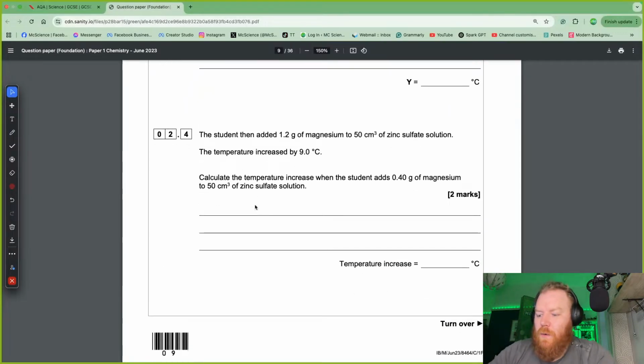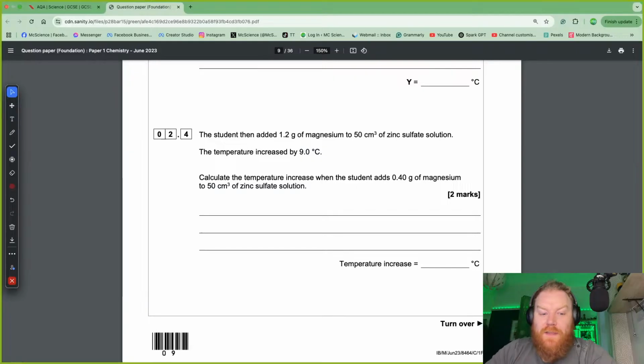The next question then for 2.4. So again, going straight to the command word, it's a calculate. Calculate the temperature increase when the student adds 0.4 grams of magnesium to 50 centimeter cubed of zinc sulfate. So again, this is one of those questions where we are being asked to do a calculation for 2 marks.